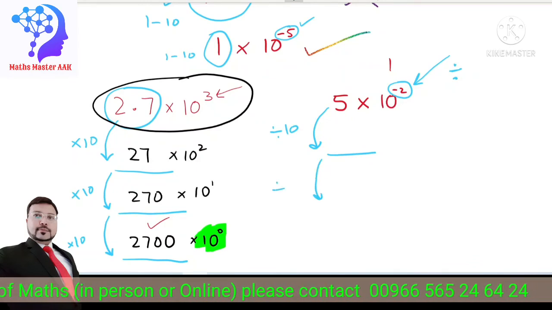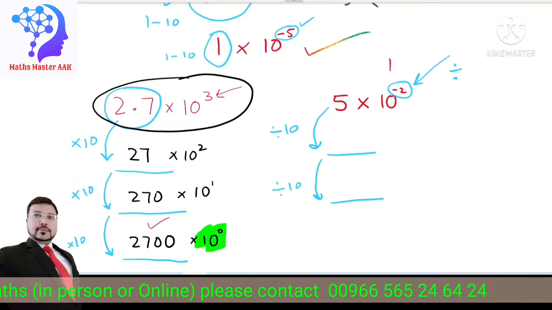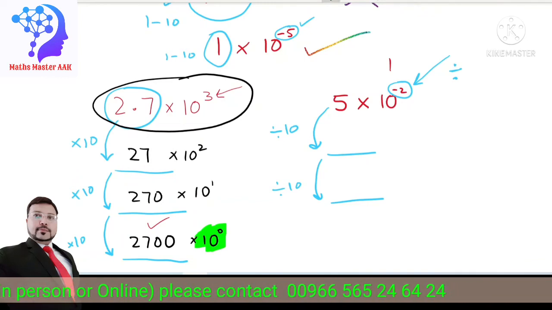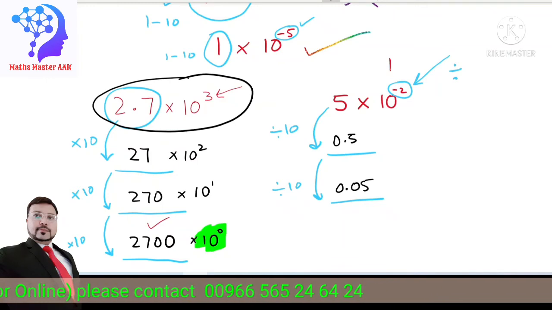Again you divide with 10, you will get the next number. So how will you do this? If I divide 5 by 10, I will get 0.5. Again if we divide 0.5 by 10, it will be 0.05.